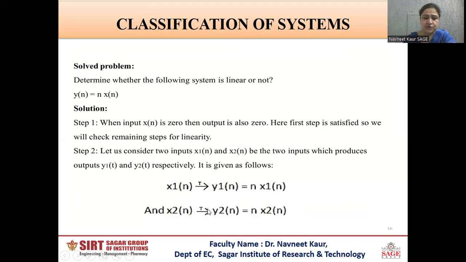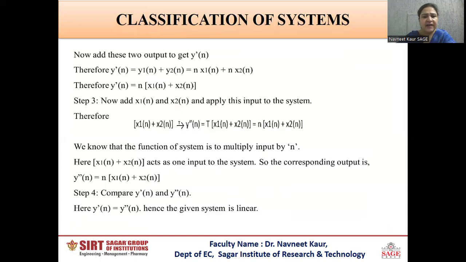If I give x2[n] to the system, I'll get n x2[n] as the output y2[n]. If I add these two inputs, x1[n] plus x2[n], the output will be n x1[n] plus n x2[n], and then the system will act as a linear system. Now I'll explain it in detail.